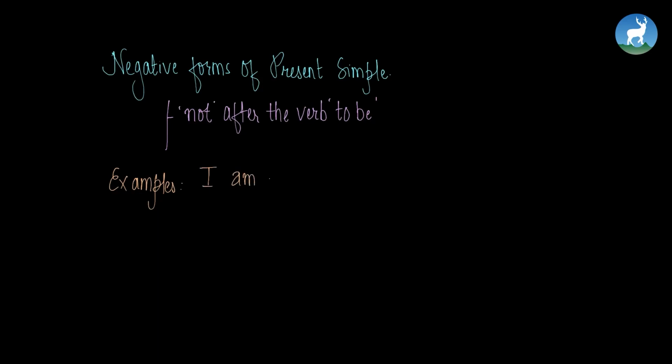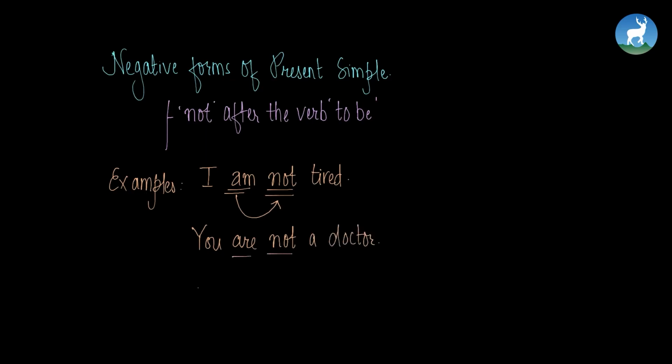I am not tired. So we used not after am to form this sentence into a negative. Likewise, let's see some more examples. You are not a doctor. Not after are. She is not happy.